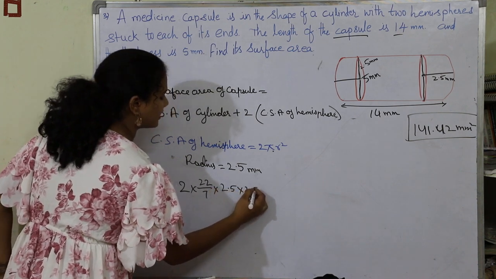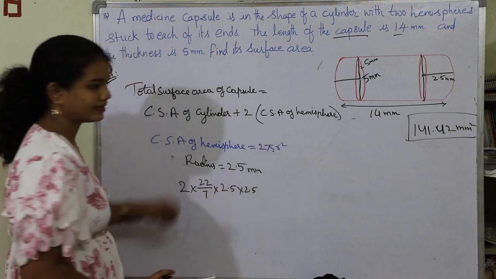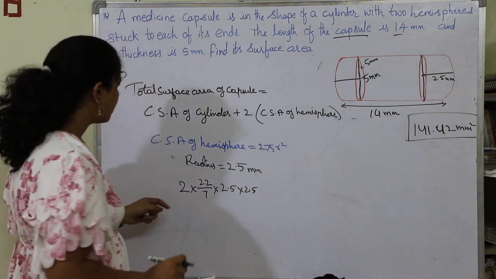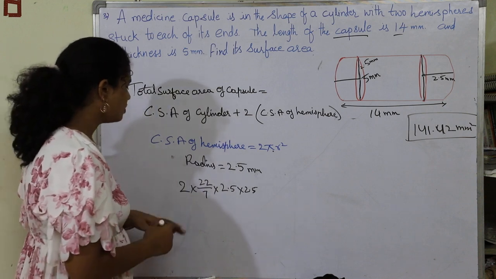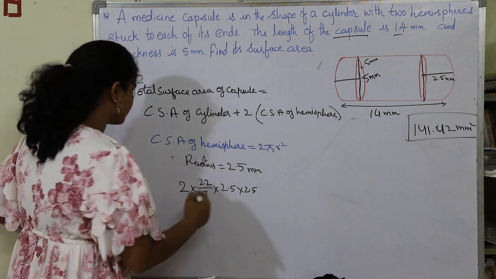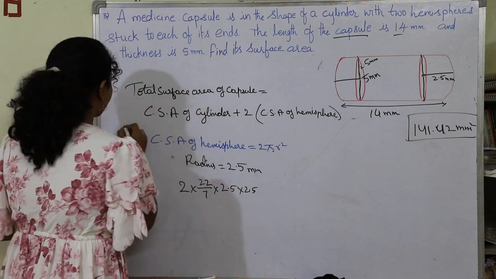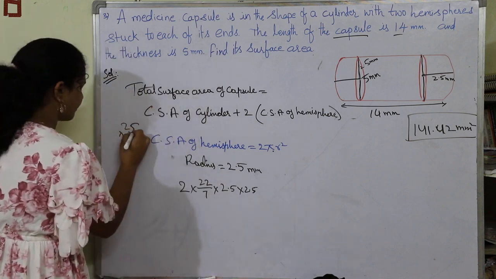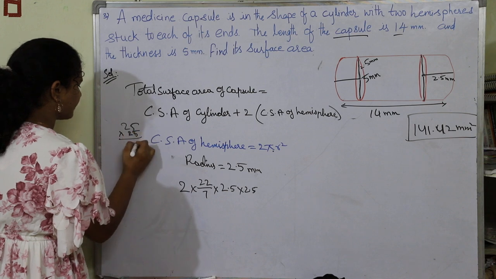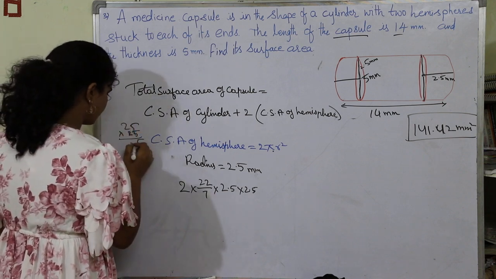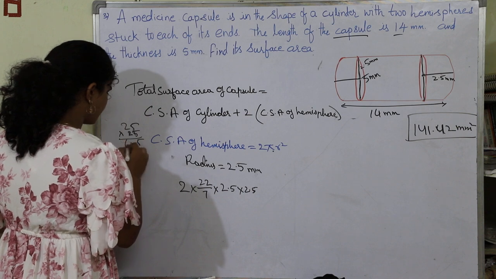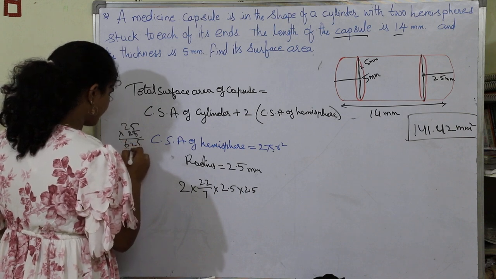I am using 2.5 two times because here they have given r square. So 2.5 into 2.5, just do 25 into 25, this gives us 625, right?